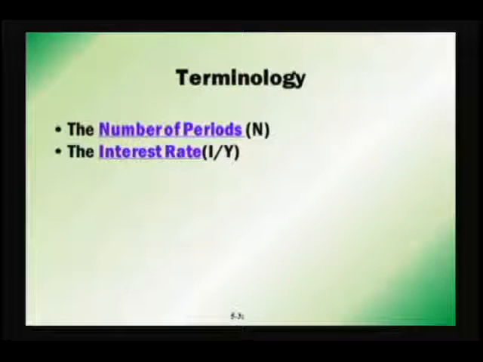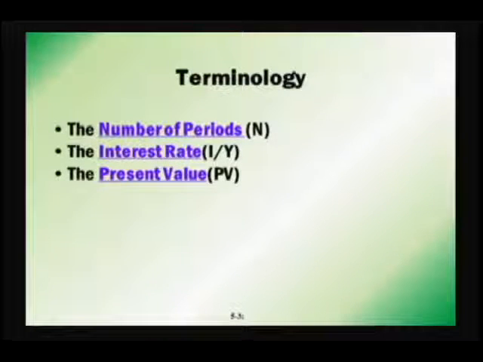The interest rate may also be called a yield or a discount rate. When we're talking about the interest rate, we're talking about the interest rate for the period that we're using. Remember, I just said a period could be a year, it could be a month, it could be a day. Whatever the period is, the interest rate covers that same time frame. So if we're talking annual periods, we're talking an annual interest rate. If we're using monthly periods, we'll have to determine what the monthly interest rate is.